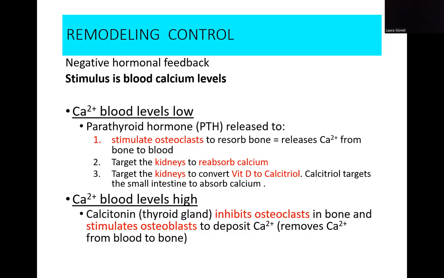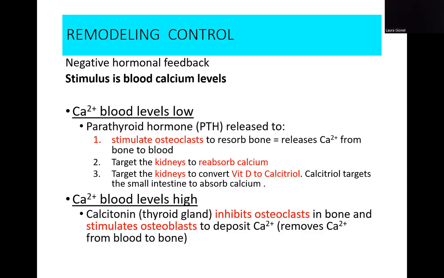And sometimes what's happening is that you have these osteoclasts going to town and they're just not shutting off. Or you just ingested a lot of very calcium-rich foods. Okay, so in either event, if it's high, we can at least temporarily inhibit the osteoclast, kind of put a muzzle on them so they stop degrading that compact bone and releasing more calcium into an already high blood calcium level.